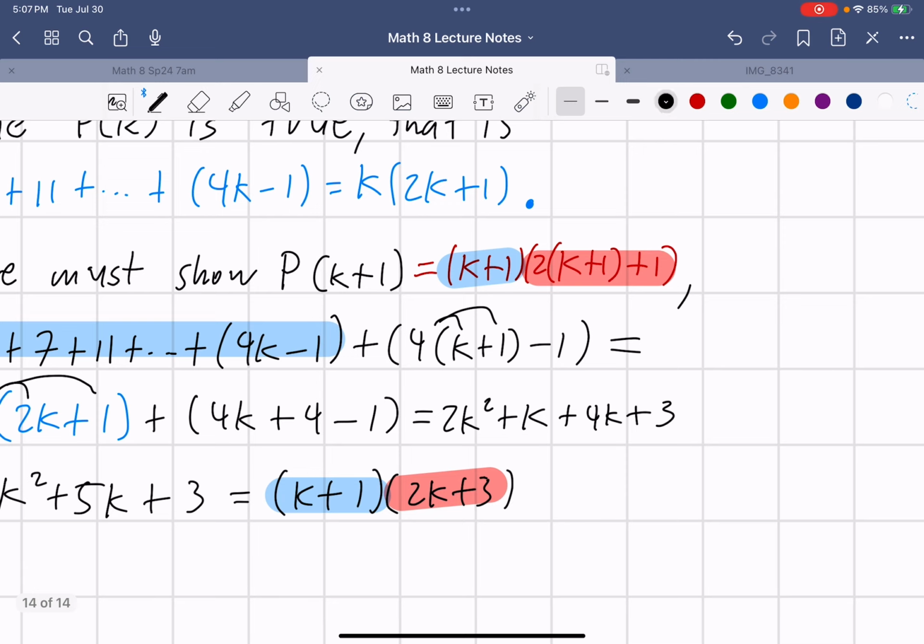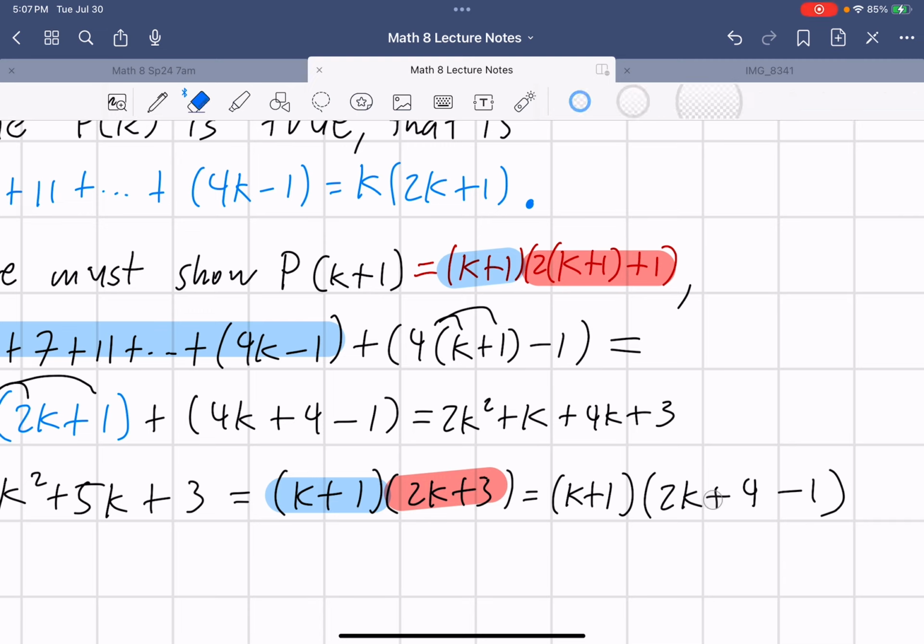And this is where these problems, you have to get a little creative. So I write 2K plus 1, and then I have to write 2K plus 4 minus 1. Now, why do I do that? Because look, I'm trying to get to this here.